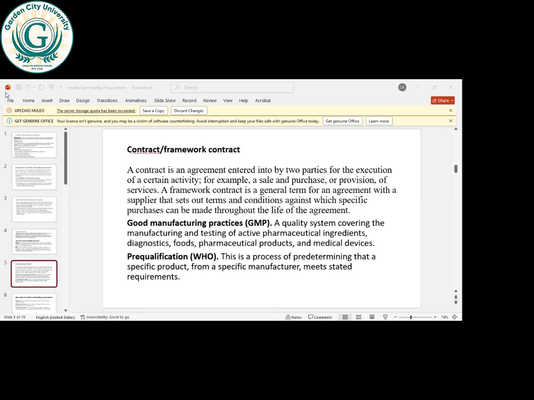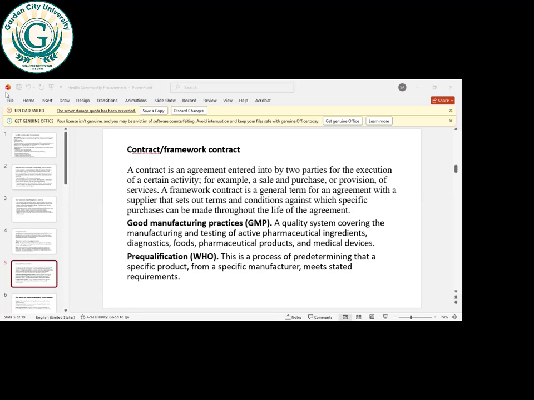You look at from the World Health Organization whether the company that you are buying from, whether the product that you are buying qualifies under World Health Organization pre-qualification. So this is a process of predetermining that a specific product from a specific manufacturer meets stated requirements. Since you may not have that expertise or such information, you check it from the World Health Organization.